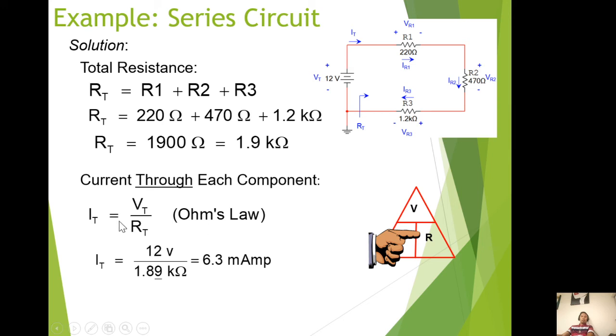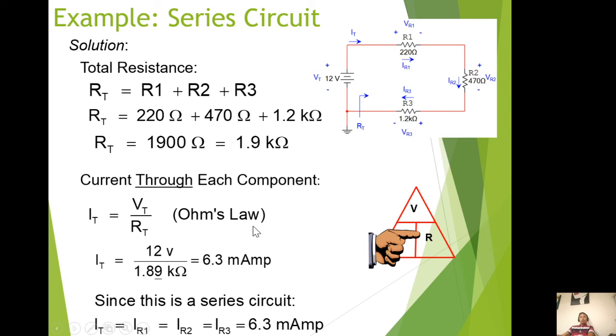From Ohm's law, this is the original formula. So IT is equal to 12 volts, our source, divided by 1.89 kilo ohms. So we have a total of 6.3 milliamps, or 6.3 mA.